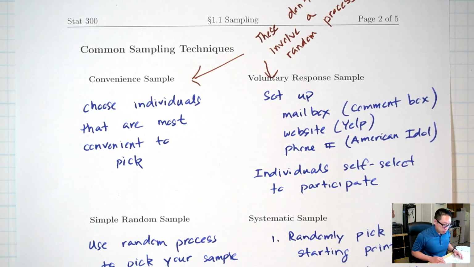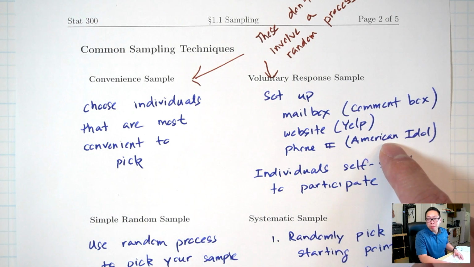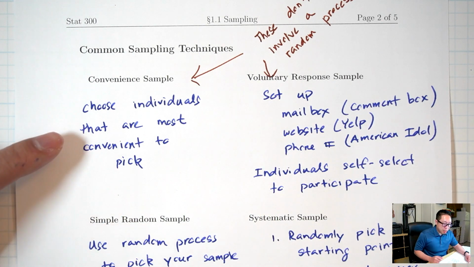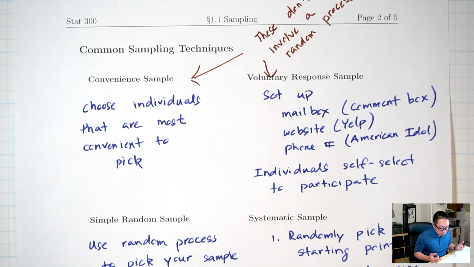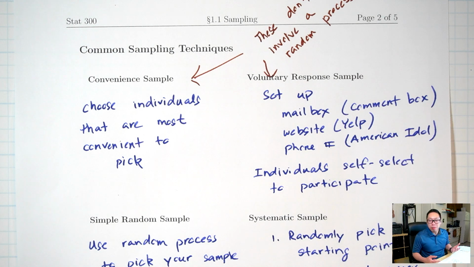Before we move on, let me clarify one thing. For questions where the answer is convenience sample or voluntary response sample, I can sometimes see the answer being both of them, depending on which way you look at it. A convenience sample to me is you're taking the easy way out, just picking the people that are easiest to pick. And it can be argued that a voluntary response sample, where you set up a mailbox, a website, or a phone number, is also an easy way out, because it's pretty easy to set that up and just wait for people to participate.